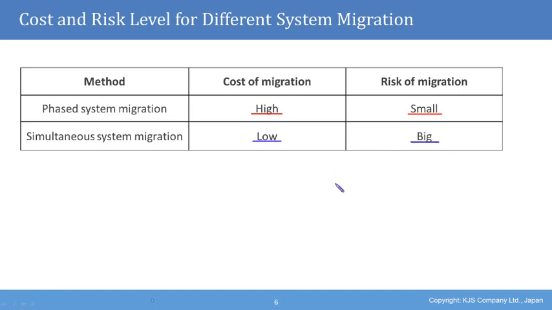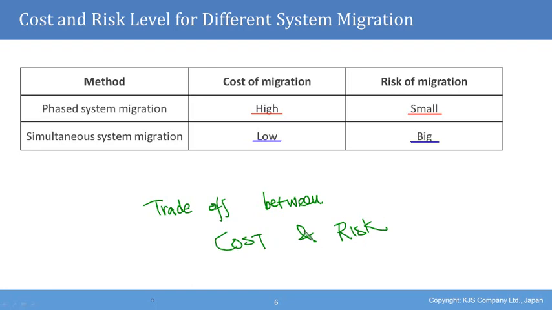So it's all about the trade-off between cost and risk. You may have a low cost, but that will come at the price of a high risk, and vice versa. A high cost, but it means you have less risk. So you have to choose between the two.